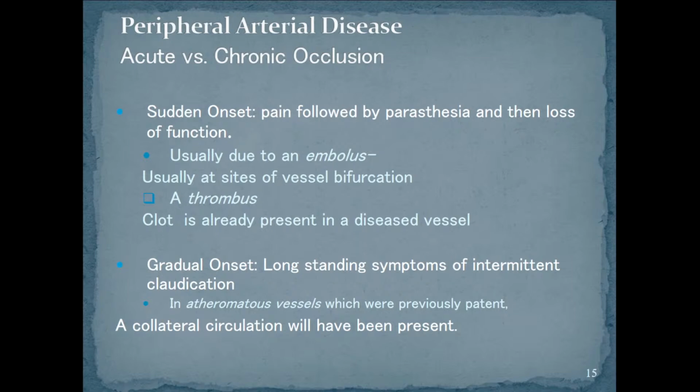A collateral circulation will have been present in this case, in case of chronic occlusion, because our organism tries to compensate the ischemia, and the time period is, in some cases, enough for new vessels to open, anastomoses to open, and so on.